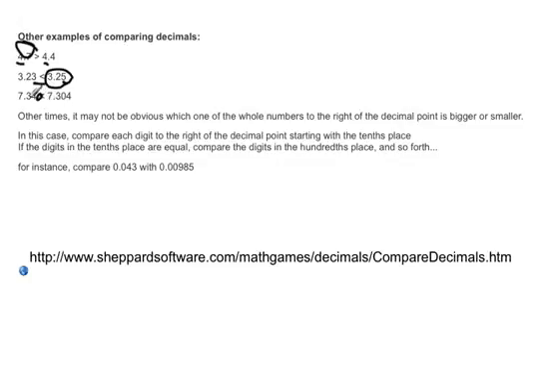And the answer would still be the same. 7's the same, 3's the same. Oh, here's a 4, and now here's a 0. So I don't have the correct answer on here. This is not larger. It should be 7.34 is larger than 7.304. Did you catch that?